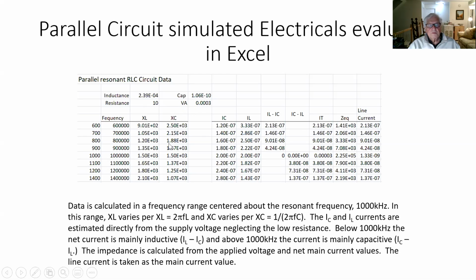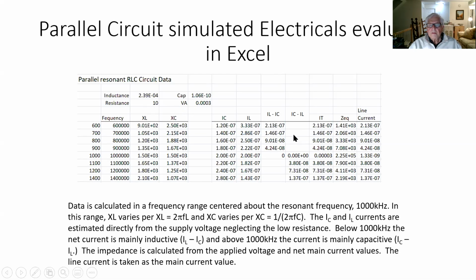From that we will also figure out what the current is across the capacitor and the current across the inductor. Basically we'll look at the value of the difference between IL and IC.